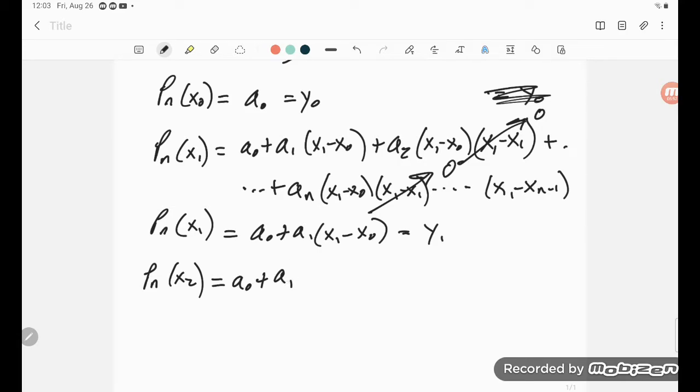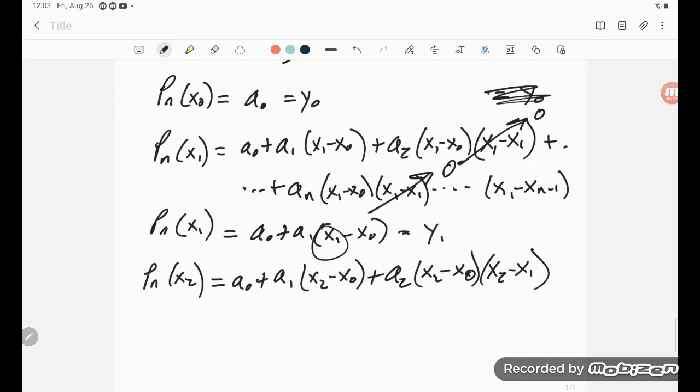I'm going to get the a1 term now, but remember, this value is what we're putting in. So we would have x2 minus x0. And similarly then, a2 is going to get an x2 minus x1. So we did all the x's that had subscripts smaller than 2. But everything else was 0, and this is equal to y2.